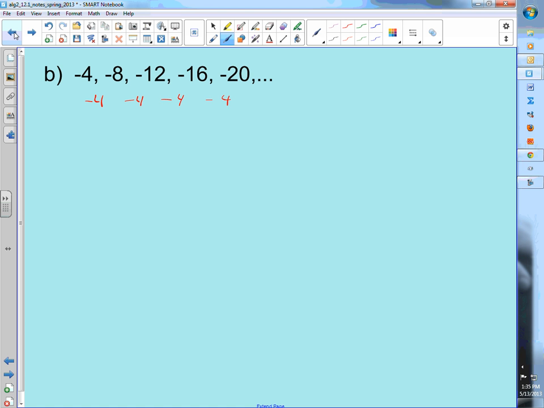This is called an arithmetic sequence. Arithmetic sequences mean to get from one term to the next, you're going to add the same thing over and over again. And that's what we're doing. We're adding -4. We're subtracting 4 to get from one term to the next.